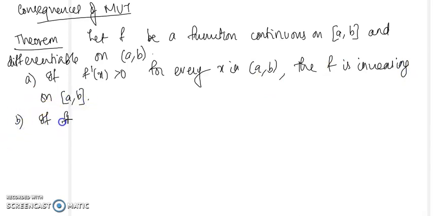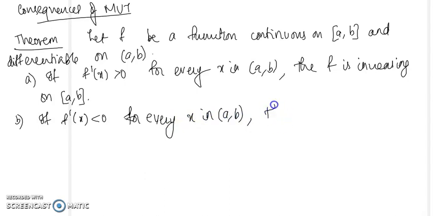Similarly, if f dash of x is less than 0 for every x in the open interval AB, then f is decreasing on the closed interval AB.